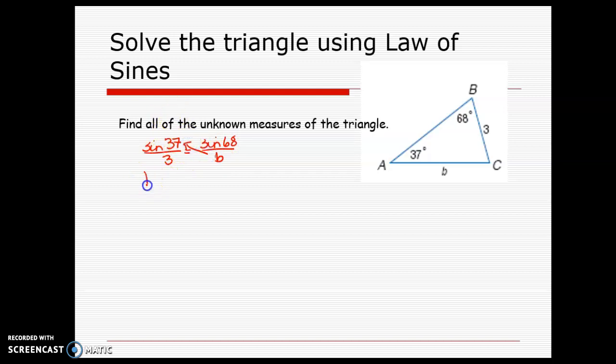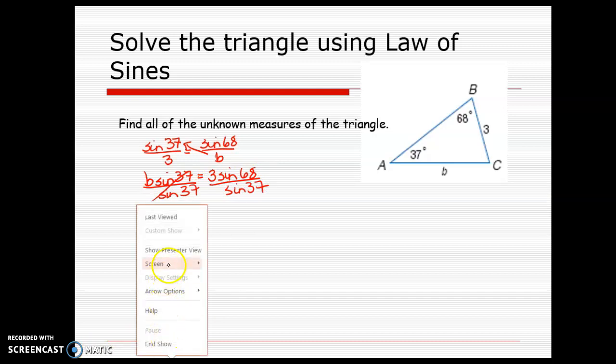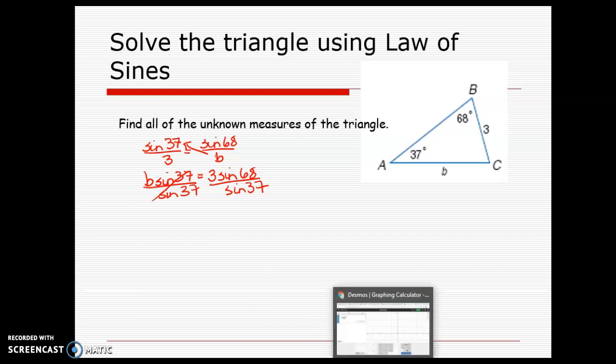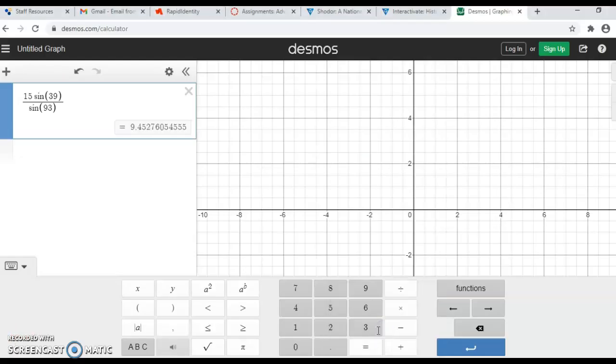Cross multiply and you get b sine of 37 equals 3 sine of 68. And you'll divide off this sine 37, both sides, to get your answer.